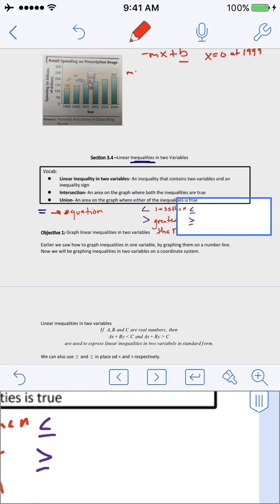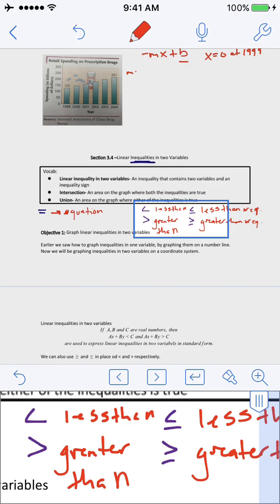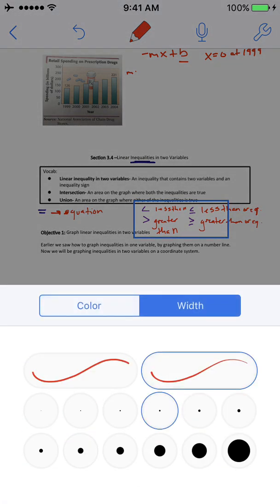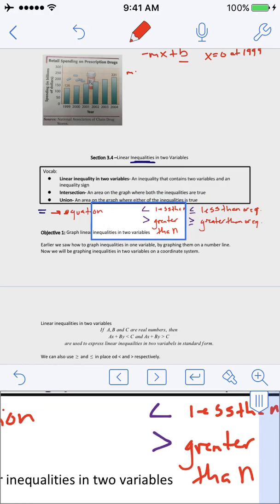Sorry about my handwriting. So we have four different options.